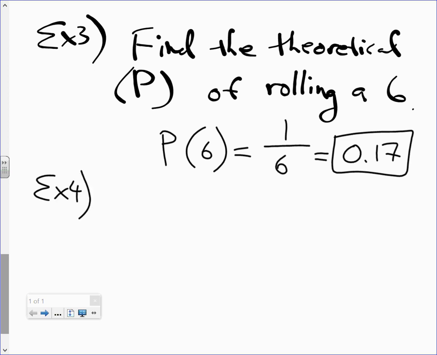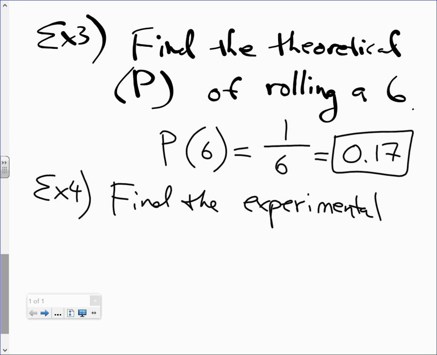Let's find the experimental probability. I'm actually going to start flipping the die now, or rolling the die. Find the experimental probability of rolling a 6.